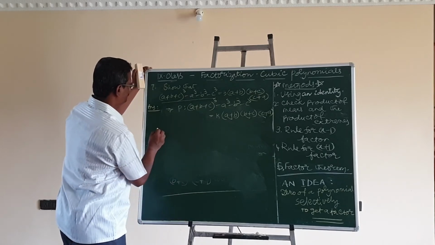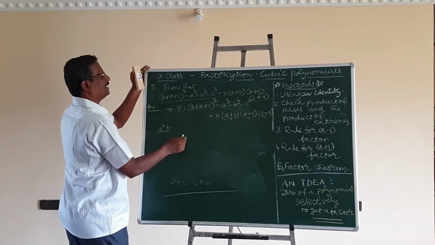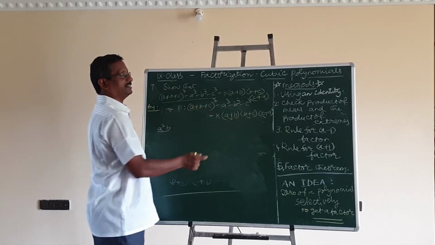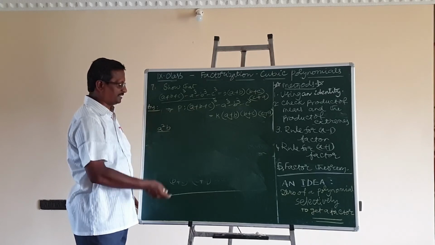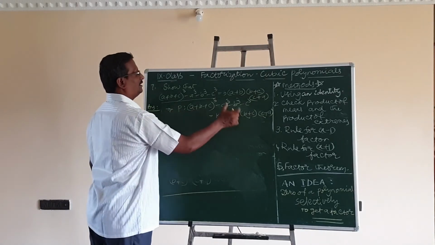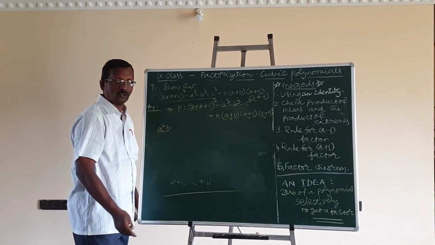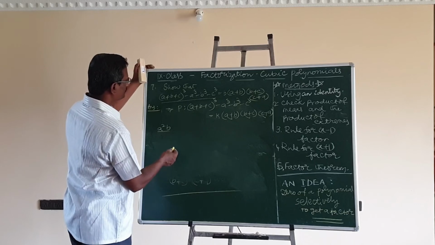So let us take a square b. Since it is a homogeneous polynomial, every term in the LHS has degree 3. Let us take a term a square b in the LHS and in RHS, and let us equate the coefficients. From that we will get the value of k.